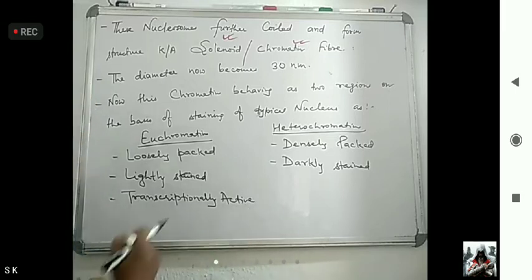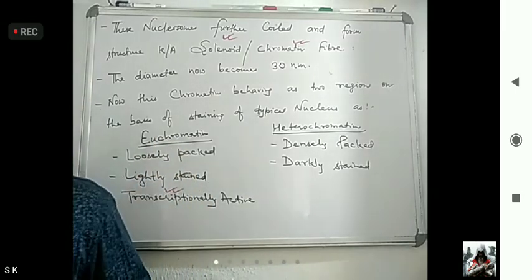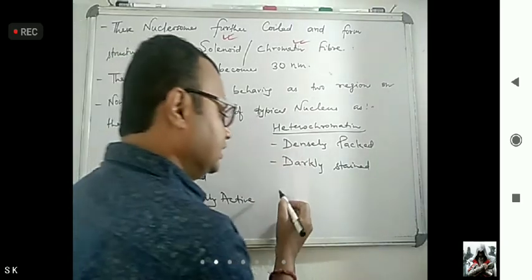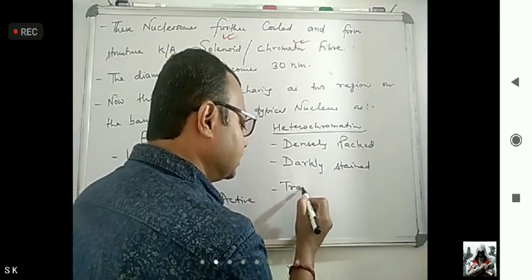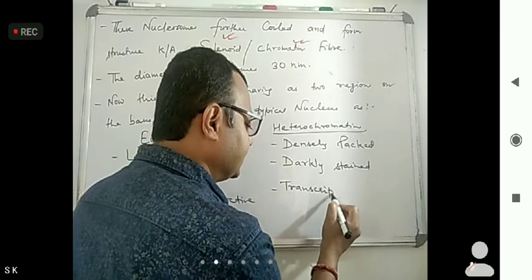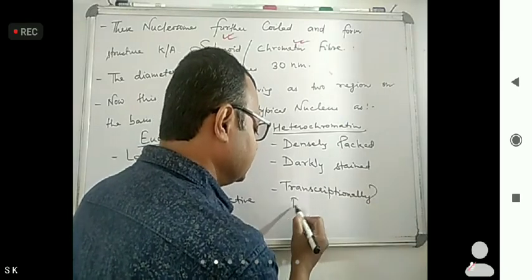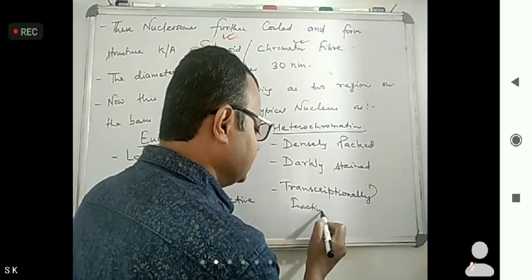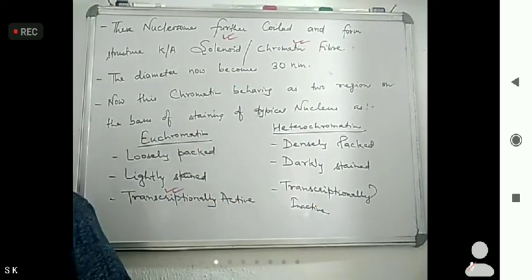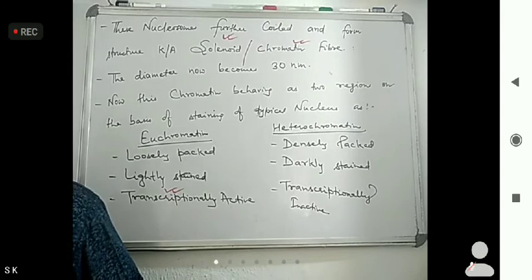This is very important. Which one is transcriptionally active? Euchromatin. And heterochromatin is transcriptionally inactive chromatin. So these two regions are found.